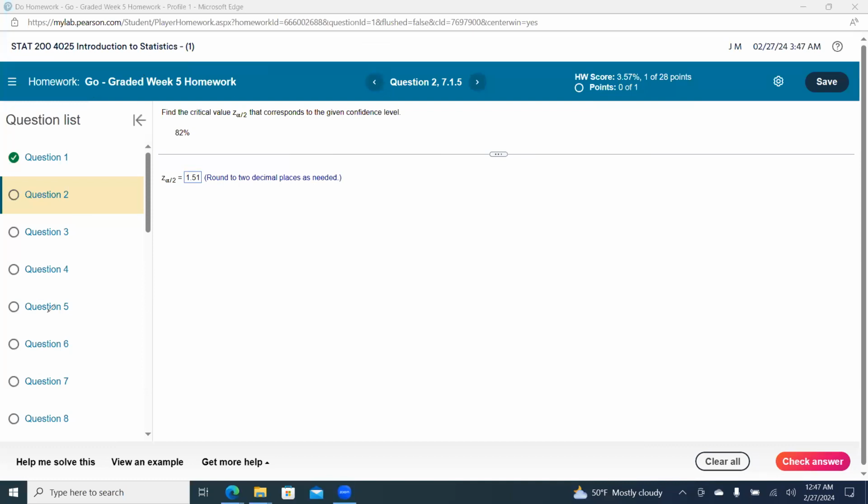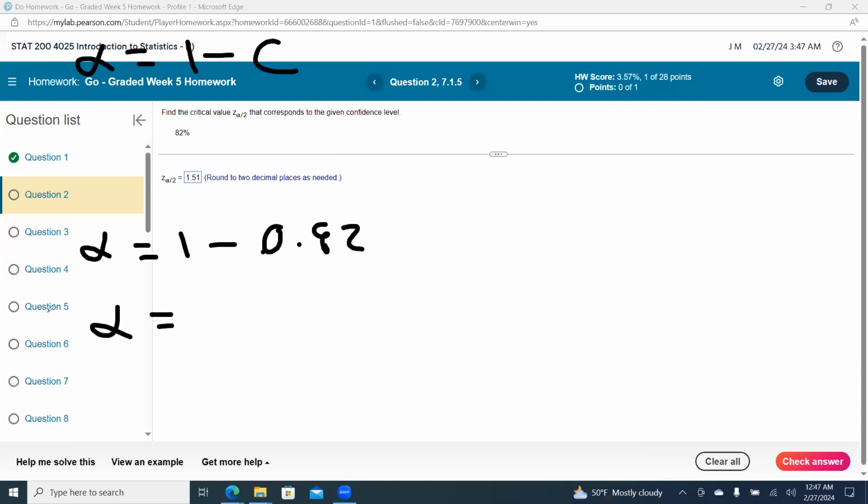Yeah. The alpha equals 1 minus the confidence. Alpha equals 1 minus 0.82. Yeah, so alpha equals, that's 0.20, I get 0.18. So alpha over 2 equals 0.09. I don't know what I did the first time.